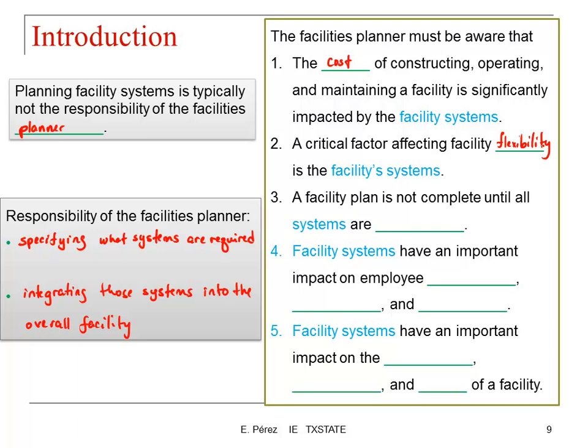When you talk specifically about, let's say, the design of columns for your facility, once those are placed, there's no way that you can move them. So that's why having planned for this very carefully allows you to have more flexibility. A facility plan is not complete until all systems are specified.